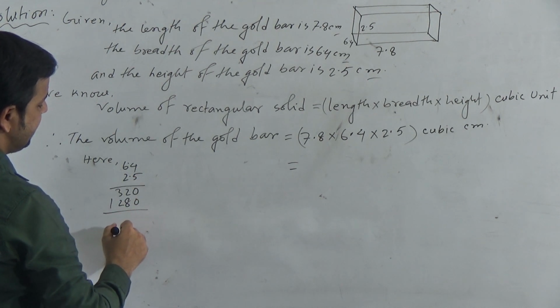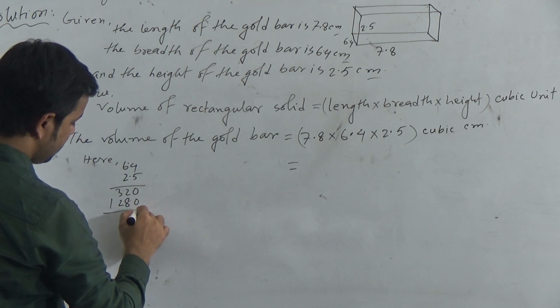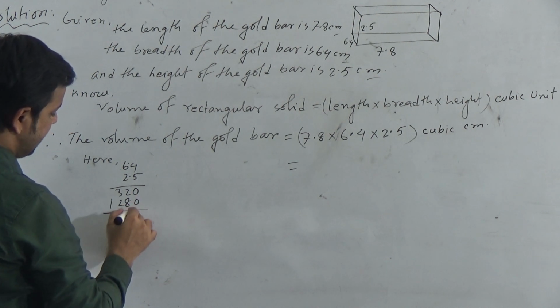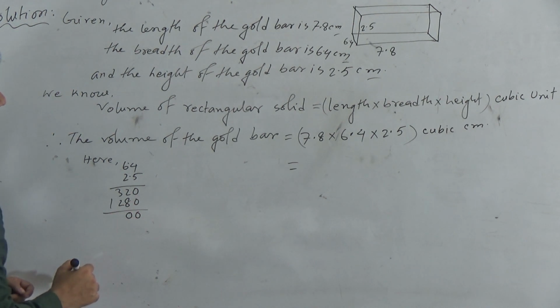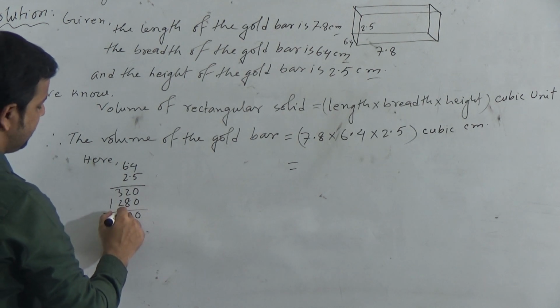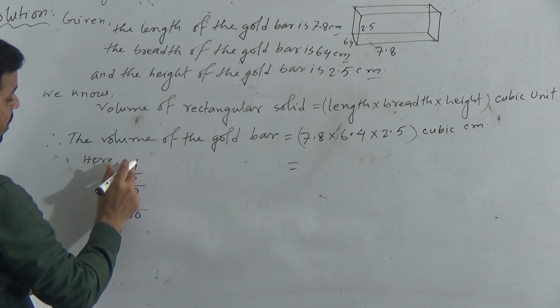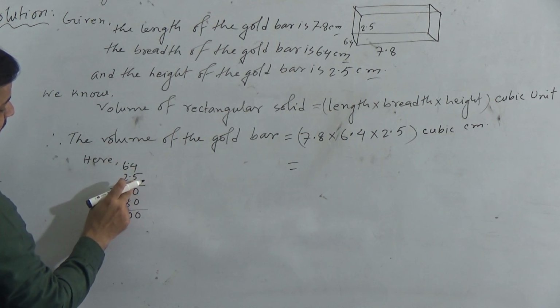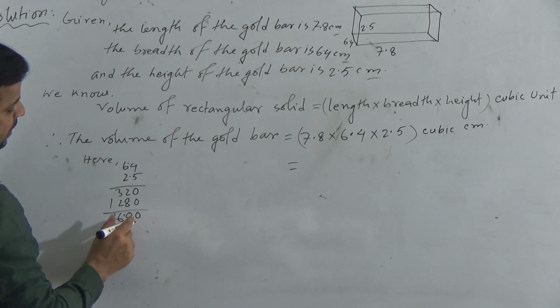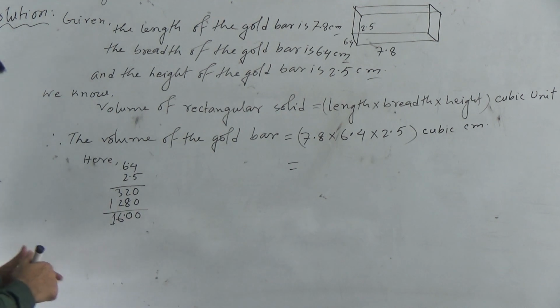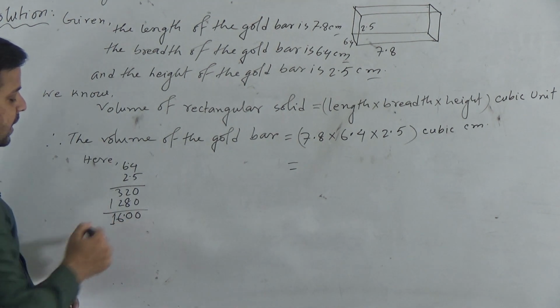So we can write here 0, 8 2s are 10, 0, 1 left, 3 2 is 5 and 1 is 6, 16. We have to put the decimal. After decimal, here is 1 digit, here is 1 digit. So we can put the decimal, coming 2 digits left.